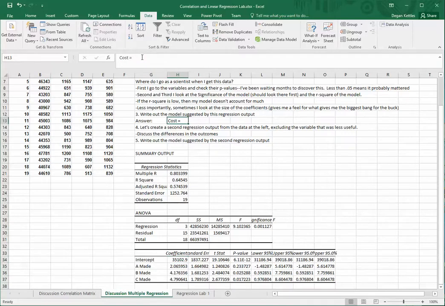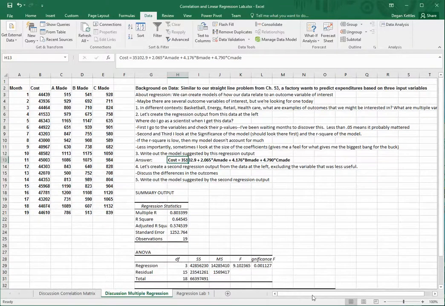So cost equals 35.102.9 plus, and I've got this factor here, 2.065 times, and I'll call it A made, plus 4.176 times B made, and then plus 4.790 times C made.